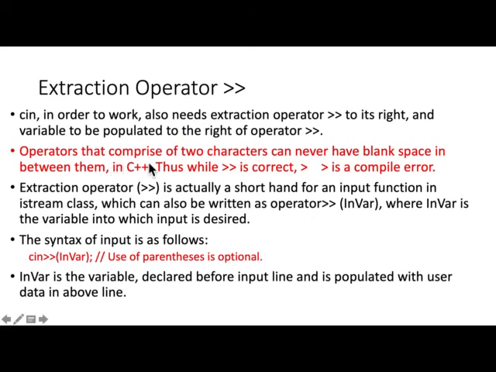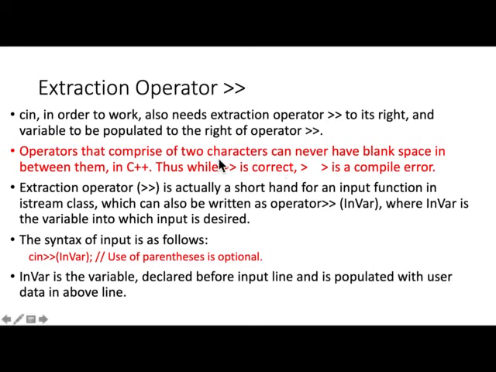Operators that comprise two characters in C++ can never have a blank space between them. That's a C++ rule. There are some operators which are single character, but then there are operators which consist of two characters. When they contain two characters, there's no white space between them. They must be contiguous.